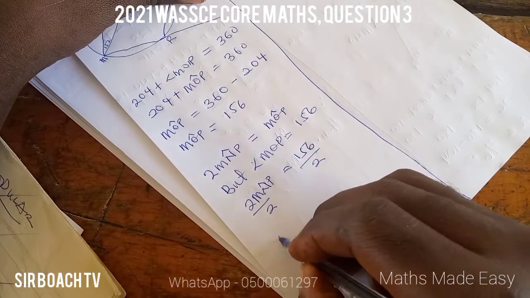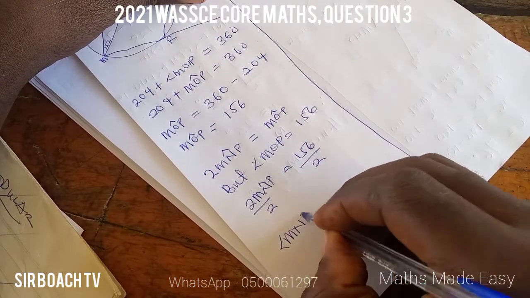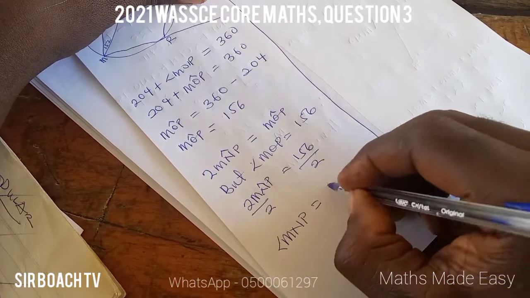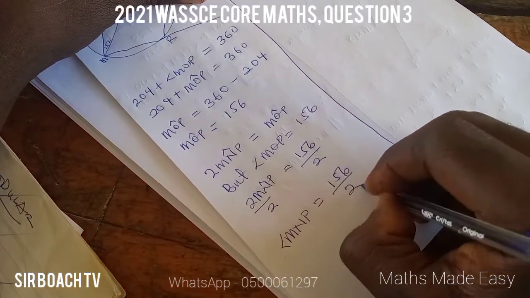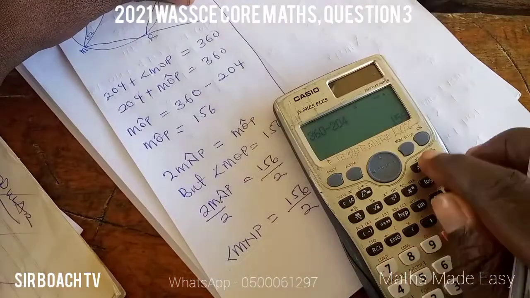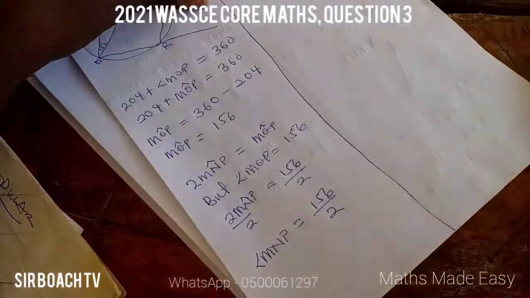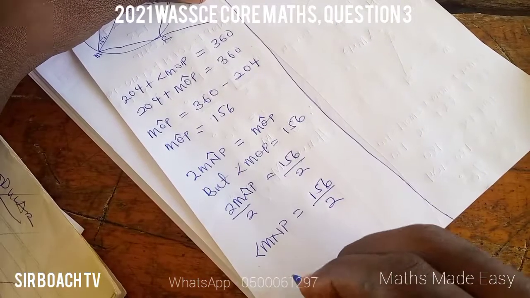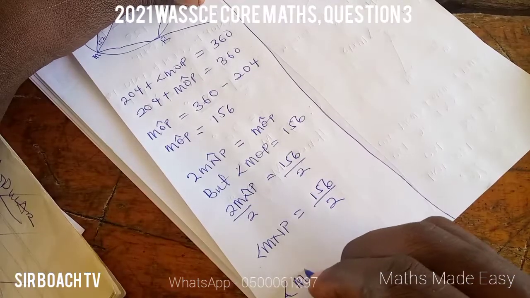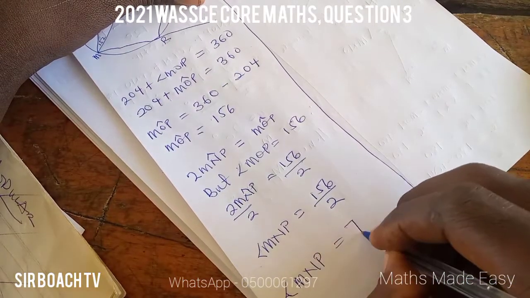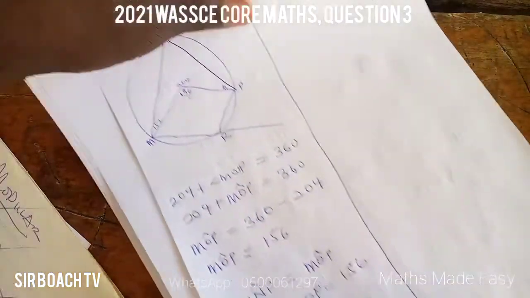So I'm going to get angle MNP being equal to 156 divided by 2. So 156 divided by 2 gives me 78. So that's the angle up there. Angle MNP is equal to 78 degrees.